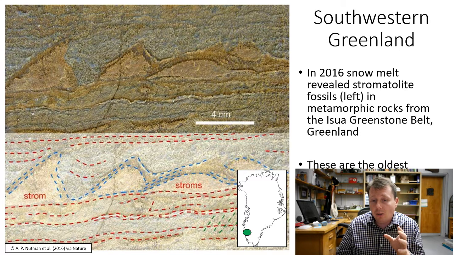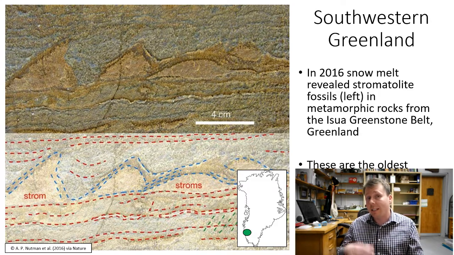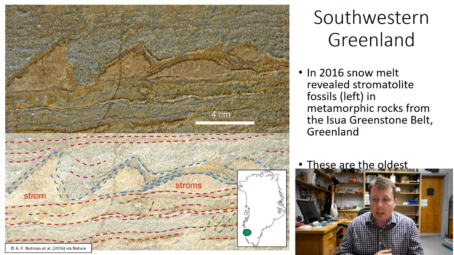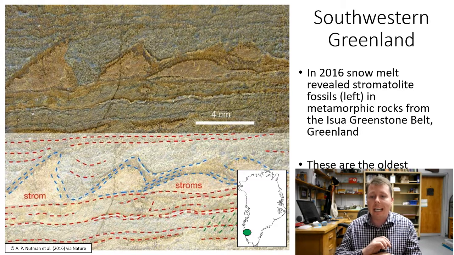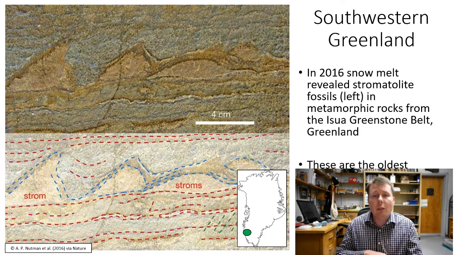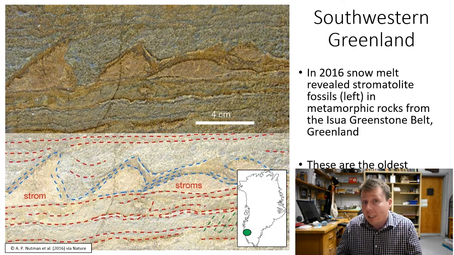And the fossils in these old rocks are actually stromatolites. The same creature that was featured on the title slide fossil is shown here. The difference, though, is that these are the oldest stromatolites we have found in geology. When we did the aging of these rocks, the stromatolites turned out to be 3.7 billion years old.